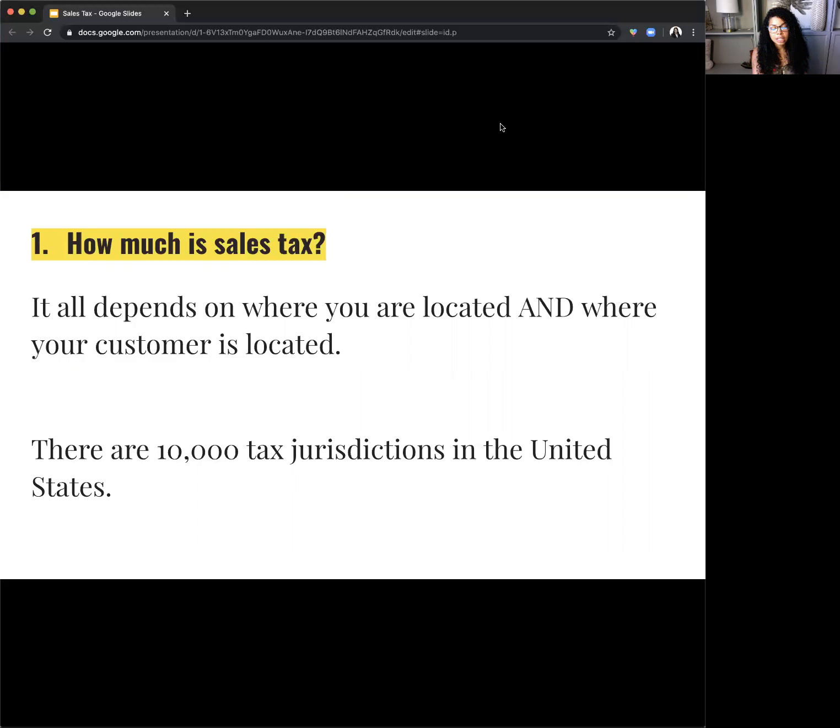Do they live inside the city limits? Because every jurisdiction has their own percentage of sales tax. There are over 10,000 tax jurisdictions within the United States, and it's impossible for you to know each and every one of them, especially if you're rapidly producing product. So it's good that you have a payment processor that you can depend on to calculate that for you.